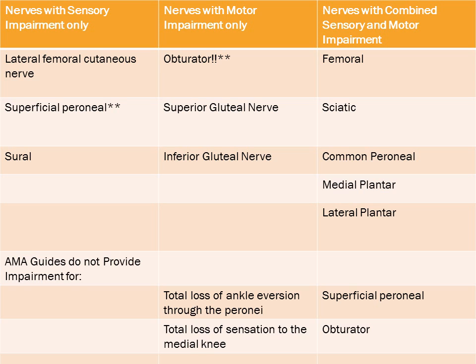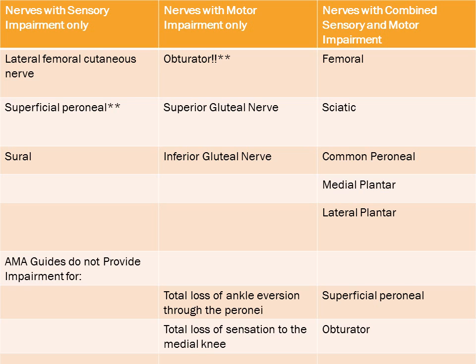So, considering the obturator and the superficial peroneal nerves, the AMA Guides do not provide impairment for total loss of ankle eversion through the peronei muscles due to damage to the superficial peroneal nerve. Similarly, the AMA Guides do not provide impairment for total loss of sensation to the medial knee due to loss of function of the obturator nerve.